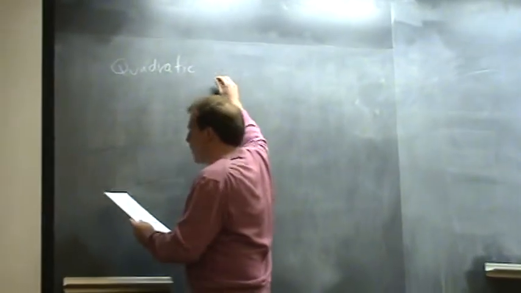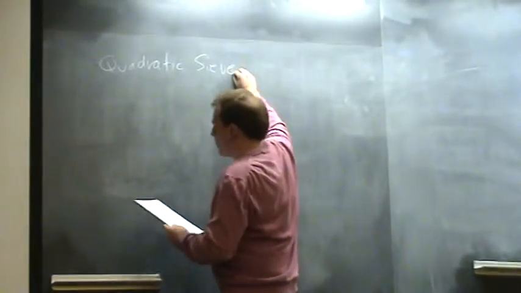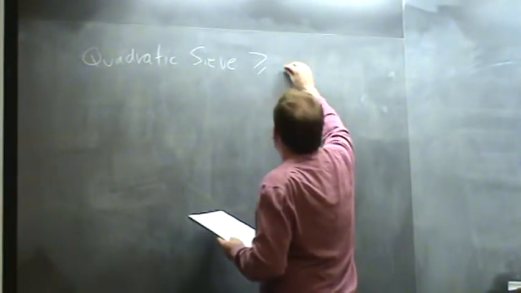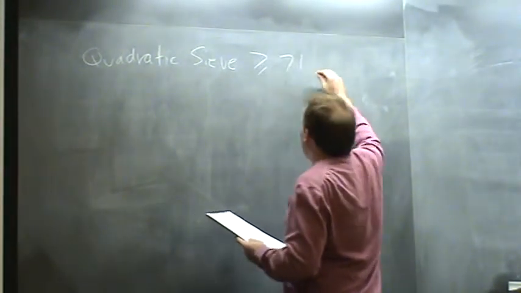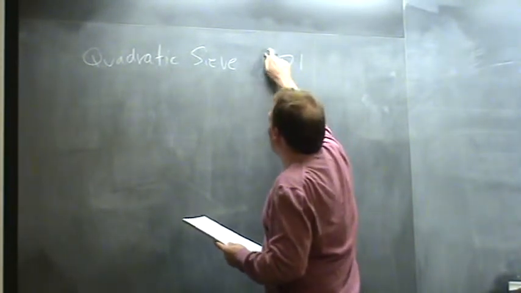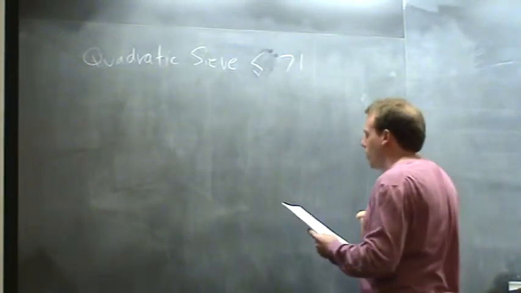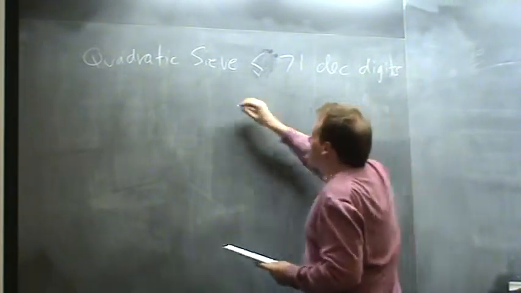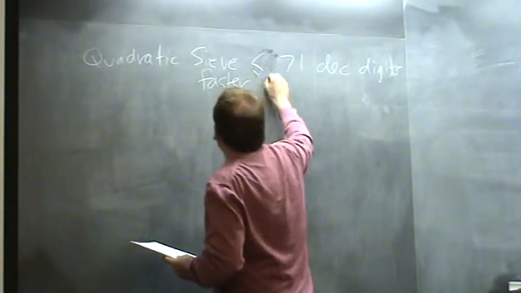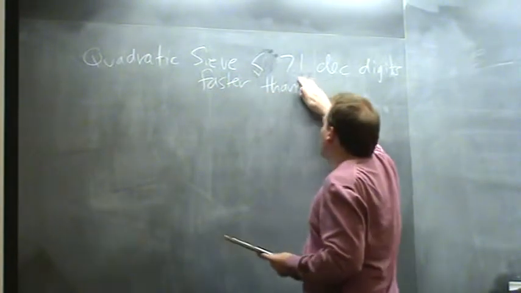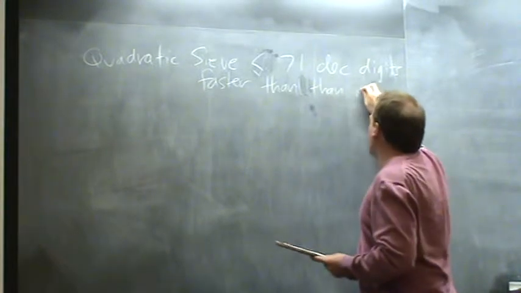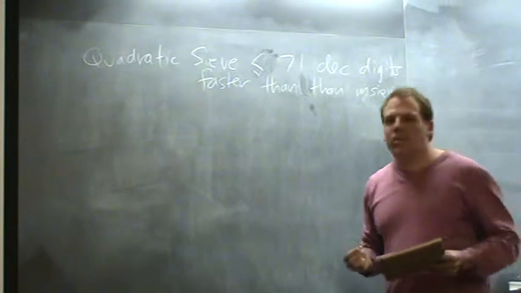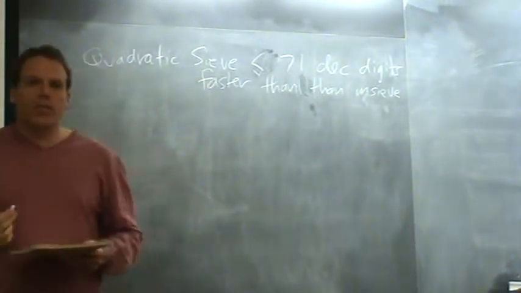So we have a highly optimized quadratic sieve for factoring large integers, and it is now on a 64-bit machine, for anything less than or equal to 71 digits, faster than or equal to MPQS, which is pretty much indisputably the best implementation out there.